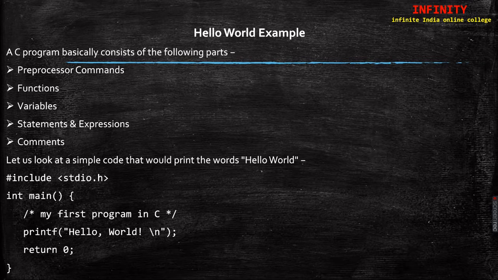So here the semicolon shows the expression statement; an expression included with the semicolon is a statement. So next one is the comment.